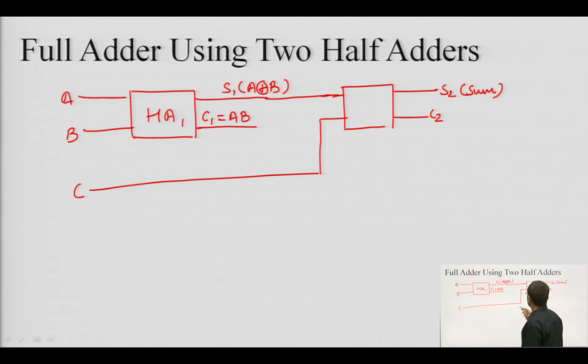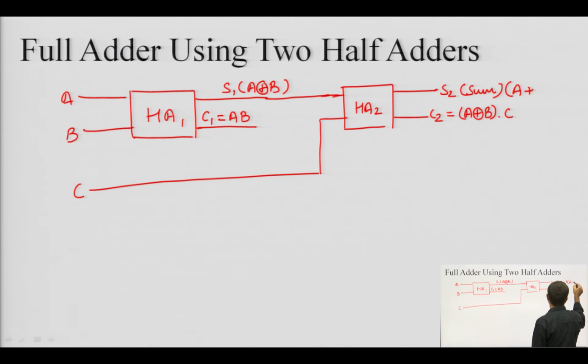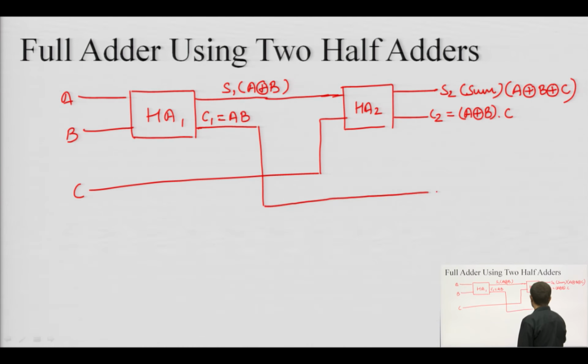So, this will be another half adder 2, and this C2 will be the product of A XOR B dot C, and this S2 is actually equivalent to A XOR B XOR C. Now, these two carries are to be added together to generate the final carry.